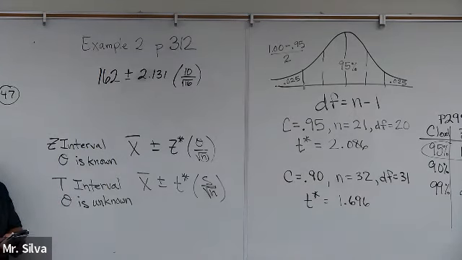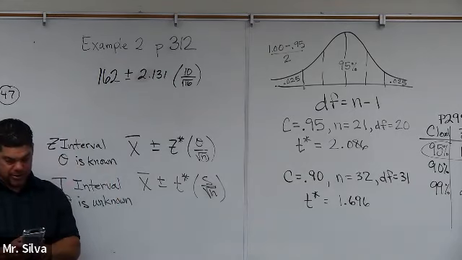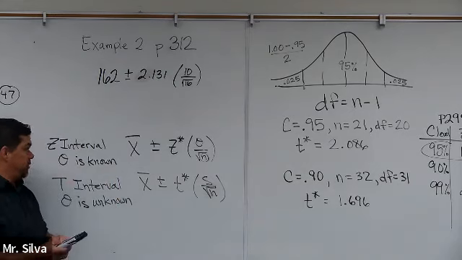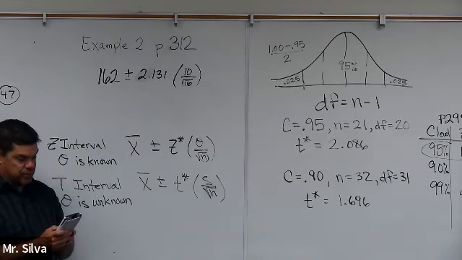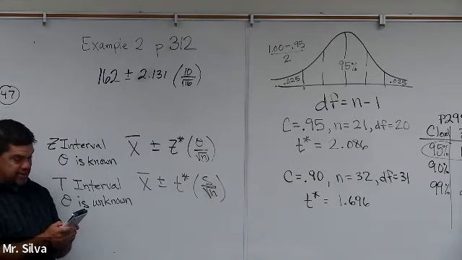So again, stat, test, number 8, T interval. We have statistics. We don't have data. Some of the problems will give us data. They'll give us the values of everything. The mean is 162. S was 10 and 16.